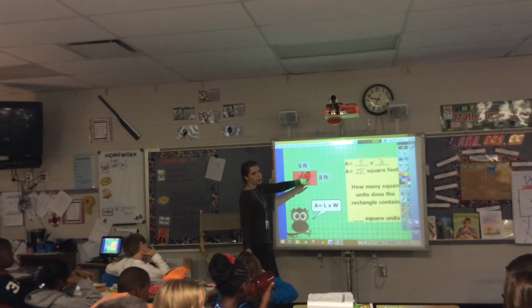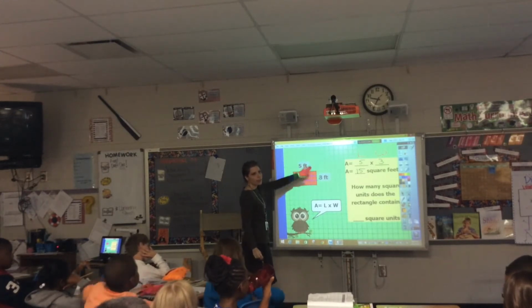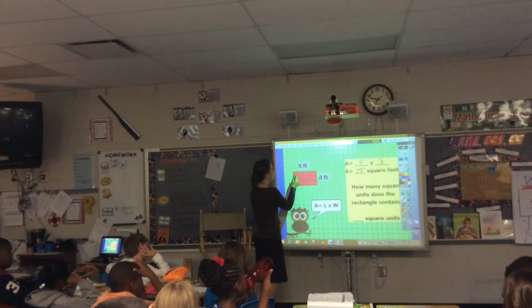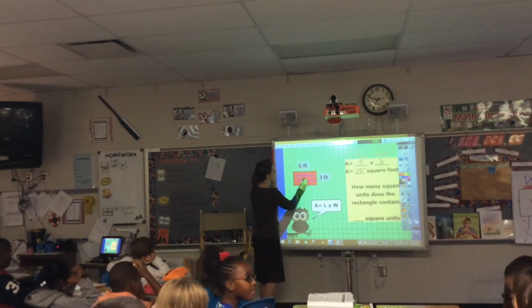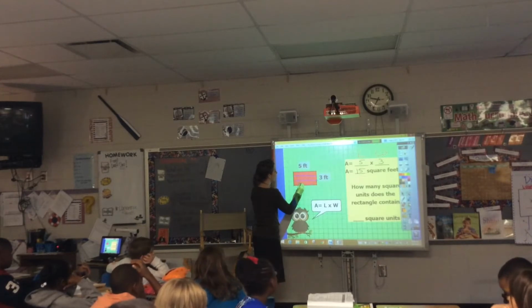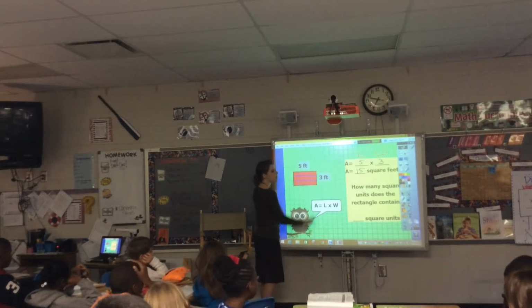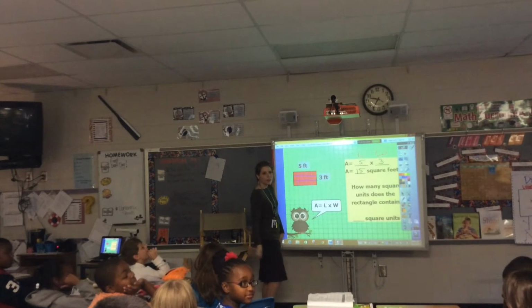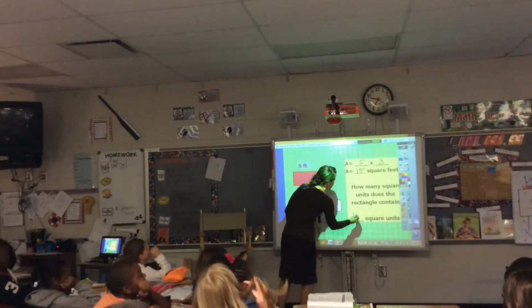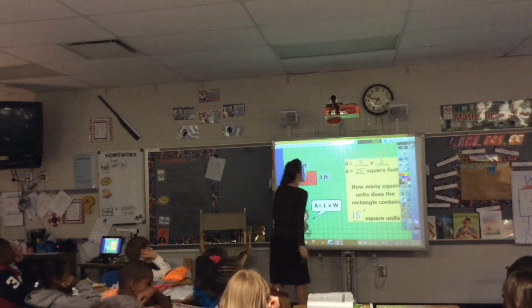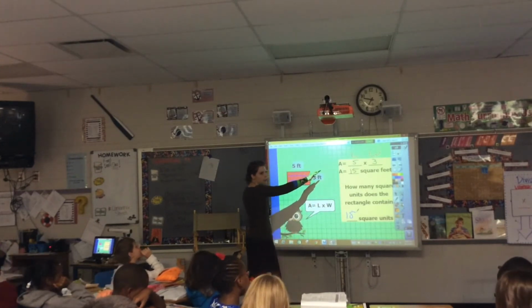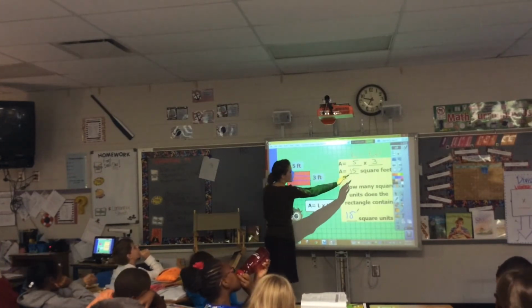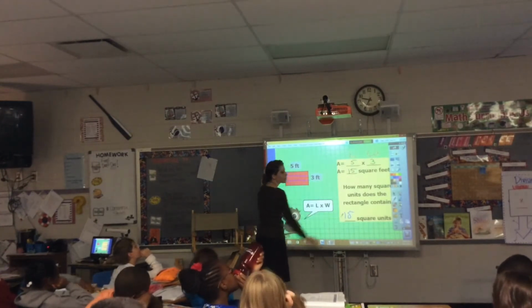Those are our square units that are inside that square. That is our area. So let's count. 1, 2, 3, 4, 5, 6, 7, 8, 9, 10, 11, 12, 13, 14, 15. So how many square units? 15. Hey, look, it's the same thing as our area, 5 times 3. So 15 square feet is the same as 15 square units.